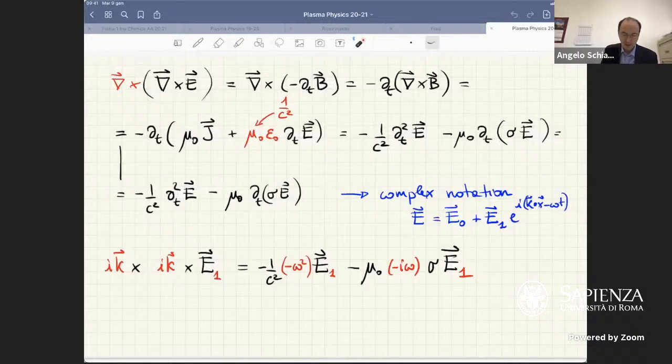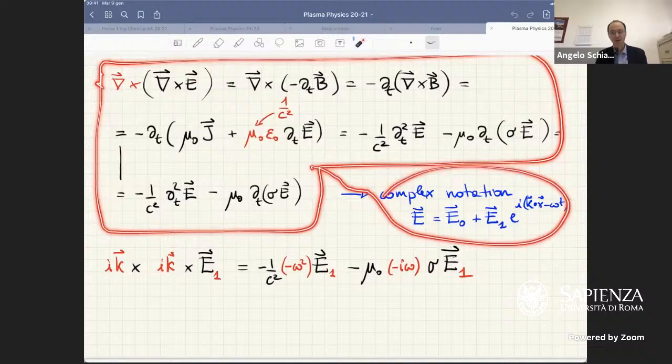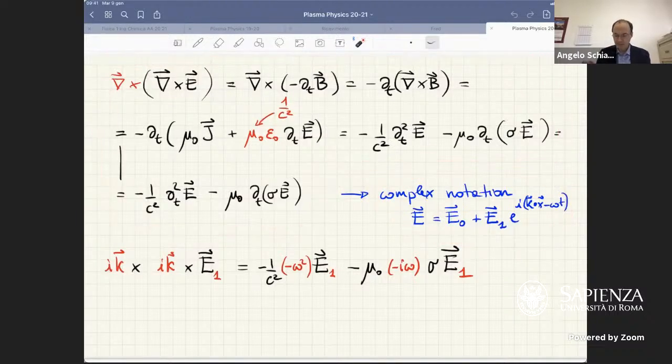So this is expressed, let's say, in general physics 2 terms, nothing new. What we added is we go to complex notation, and going to complex notation, I remember, is like expanding into plane waves and working only with the amplitude of a single component.